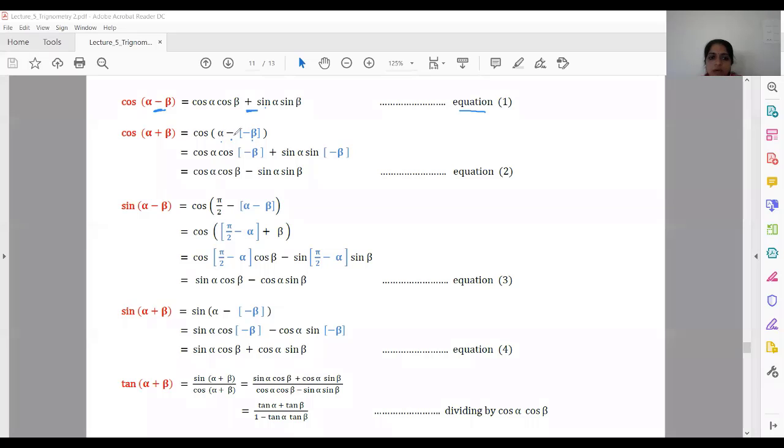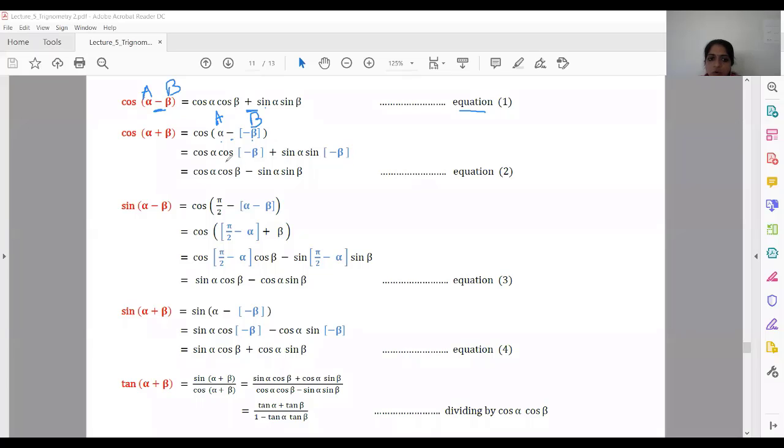So if we take this alpha as A and this one is B, what is our formula? cos A cos B plus sin A sin B. Similarly, if we take this alpha as A and this minus beta as B, our formula is cos A, that is cos alpha, cos B, that is cos minus beta, plus sin alpha, sin minus beta.